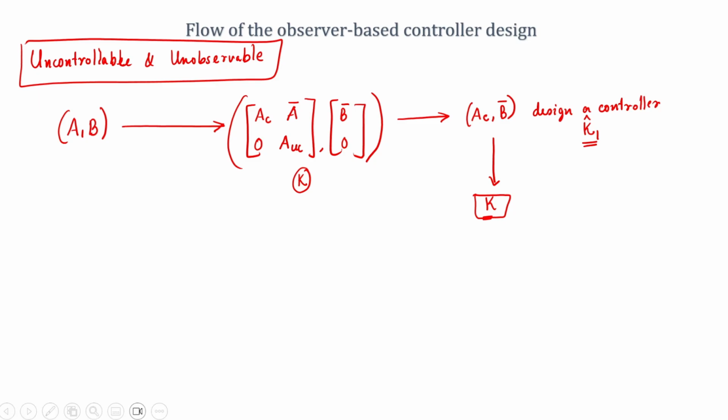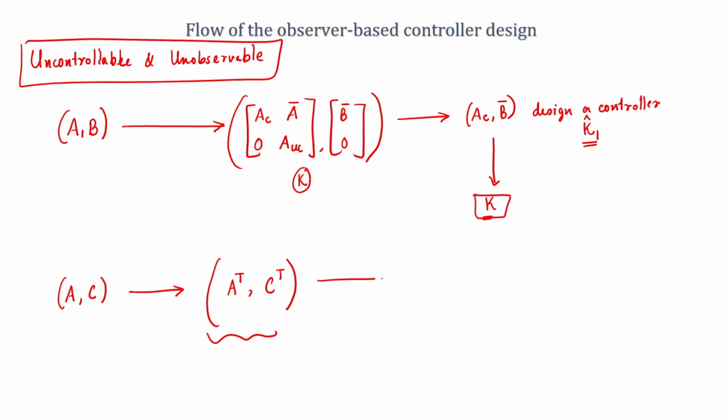Next, for the observer, you take A comma C and then convert this A comma C into A transpose, C transpose. Once you have taken it to A transpose, C transpose, this is your new system.